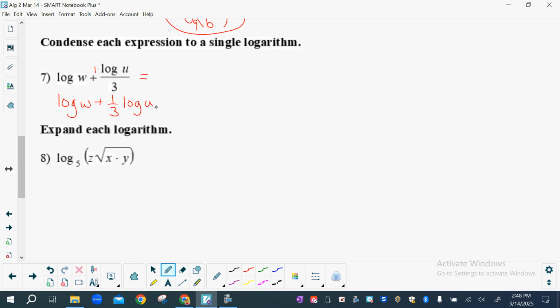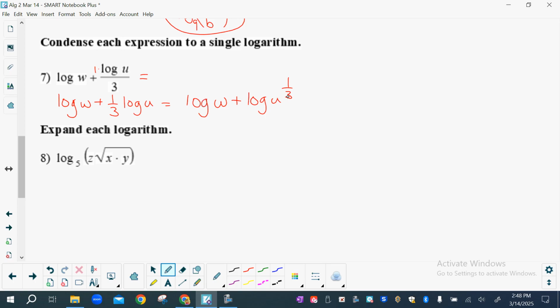So now what would we do next? Right now we have a different thing in the front of this than we have on this one. So to condense it to 1, we have to make it, yes, to the power of 1/3. Good, Dexter. So log of U to the exponent 1/3.